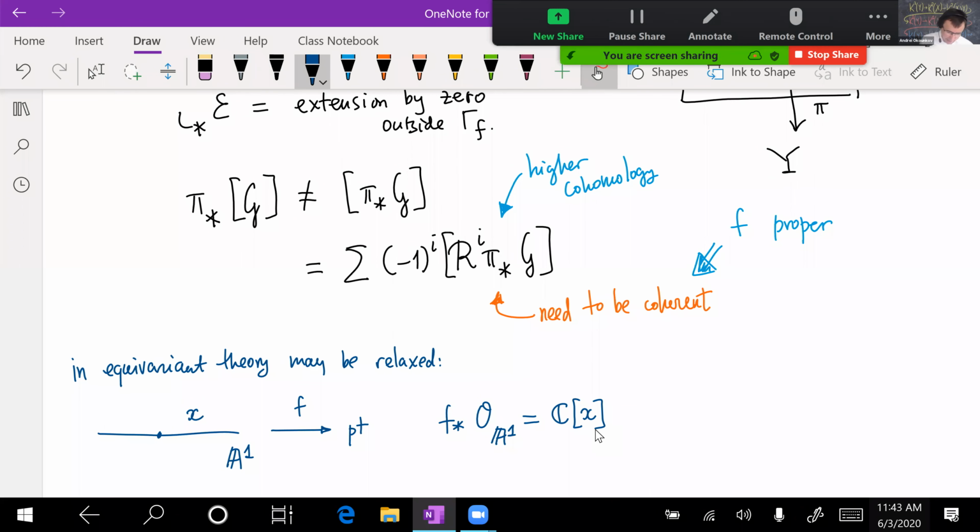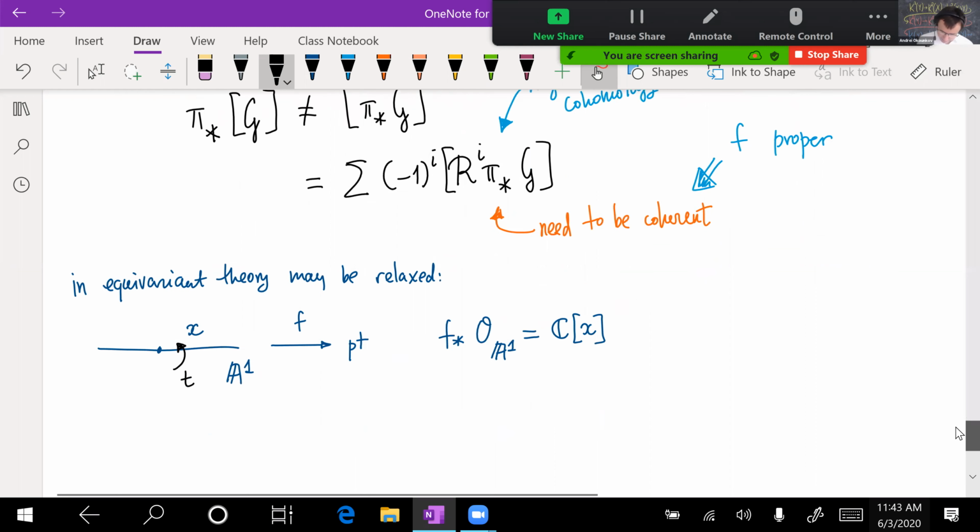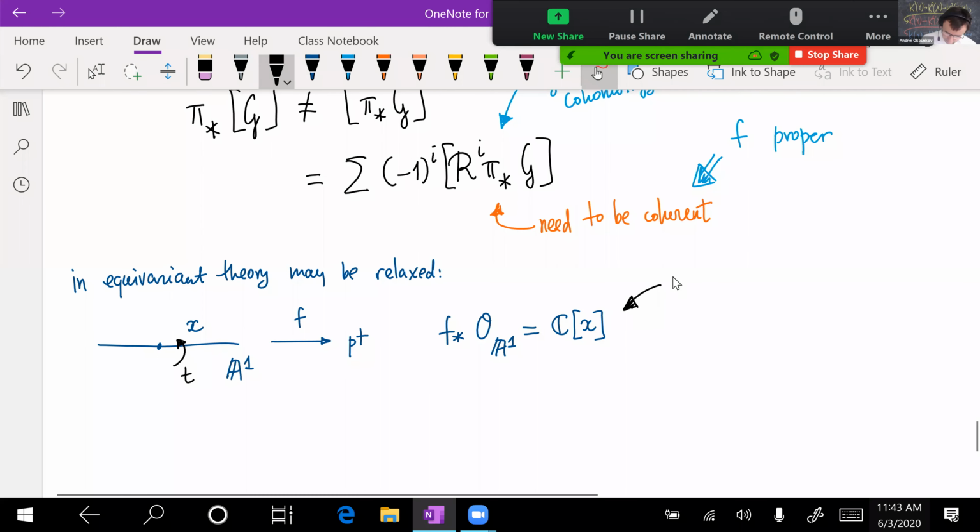If I had an action which scales this A1 with weight t, then it acts with t inverse on the variable x. And so this has character equal to 1 plus t inverse plus t to the minus 2 and so forth, which is a well-defined expression.